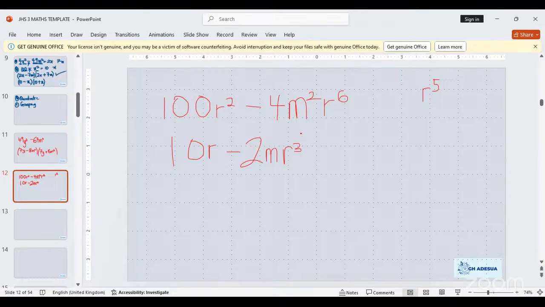So you put the first term in brackets. And since there's a negative sign there, you create another bracket and you put the same variables inside, but the sign will change to positive. So it will become 10r plus 2m r raised to the power 3, bracket close.